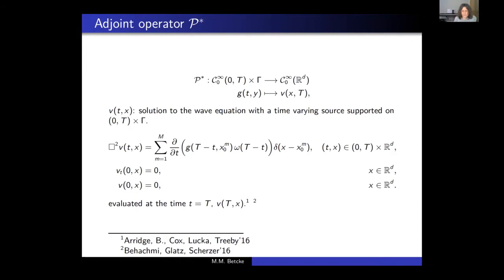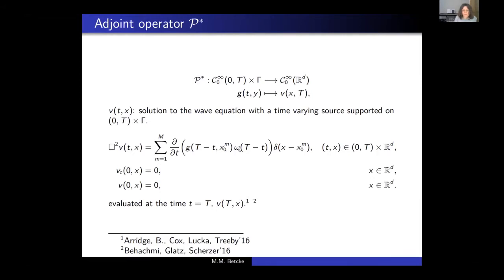Now the adjoint operator to this forward operator essentially goes backwards from the data to the domain. It's not the inverse operator though. It turns out that the adjoint to the forward problem is also a scalar wave equation, but now the initial conditions are uniformly 0, and we have a source term on the right hand side.